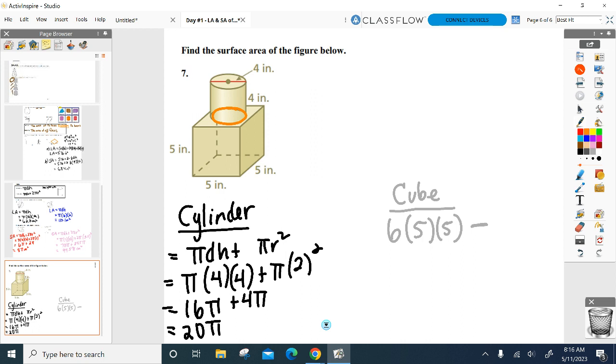So I need to subtract out pi r squared, that circle that's covering up one of those faces. All right, so 6 times 5 times 5 minus pi. We know the radius we already said was 2 squared. Everyone all right why I'm subtracting that out? Because it's covering up that 6th face.